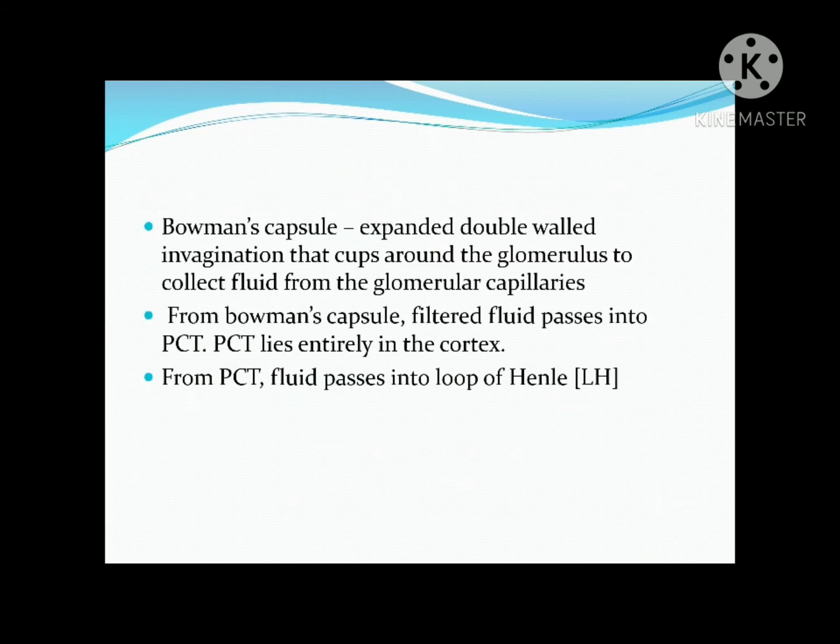The Bowman's capsule is an expanded double-walled invagination that cups around the glomerulus to collect fluid from the glomerular capillaries. From Bowman's capsule, filtered fluid passes into PCT. PCT lies entirely in the cortex. From PCT, the fluid passes into loop of Henle.